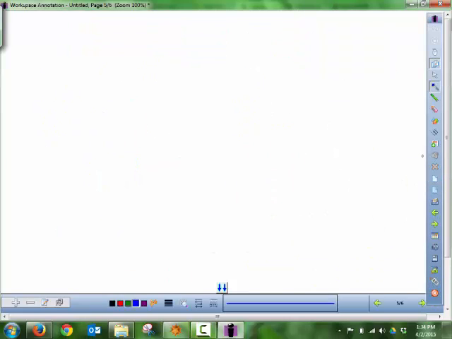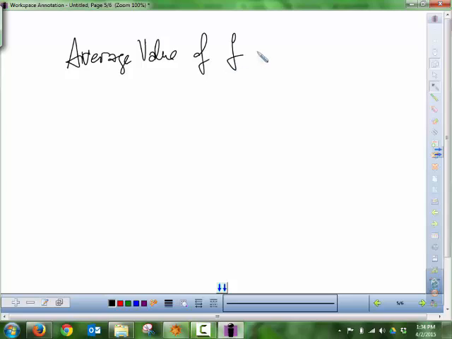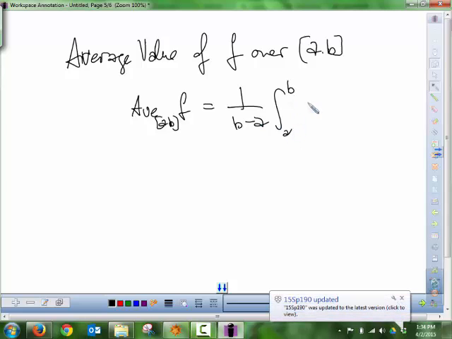Let me backtrack a little bit and remind you what the average value is. The average value of f over [a, b], sometimes denoted this way, is 1 over b minus a times the integral from a to b of f dx.